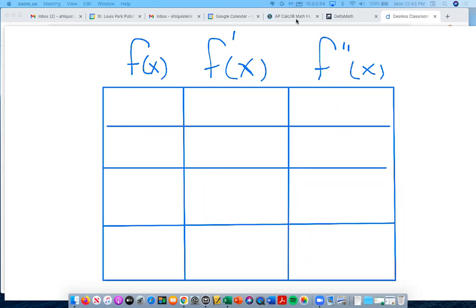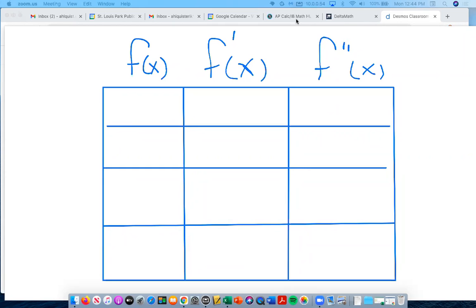So don't get tied into that name, meaning anything other than function, first derivative, and then the second derivative. So you already have part of this down in your notes, and we're going to write this chart several times throughout this unit.